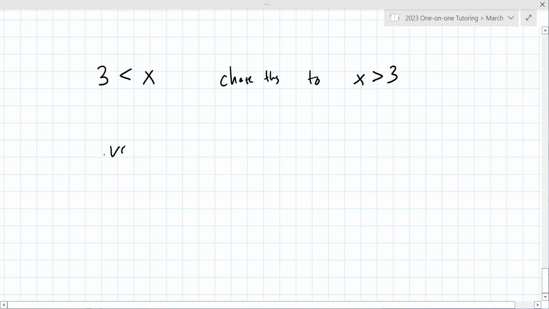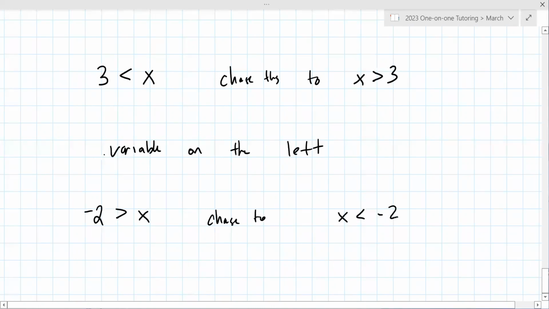The point here is that you always want the variable on the left. So if I tell you -2 greater than x, you want to change this to x less than -2. We read things left to right. You do math left to right. It has to be left to right. All right. So that will take us to the end of our lesson for today.